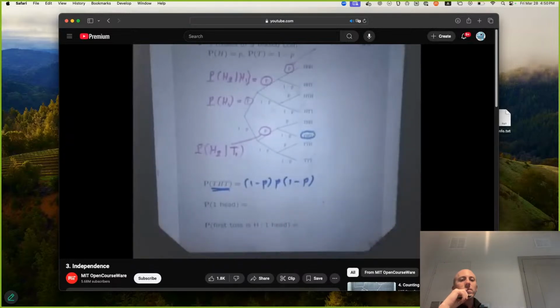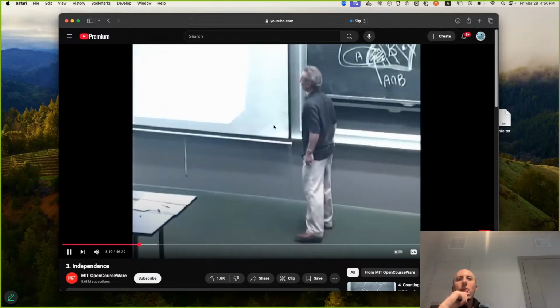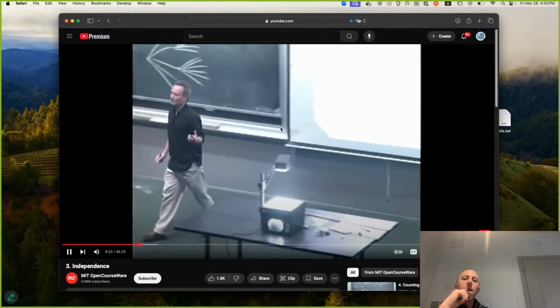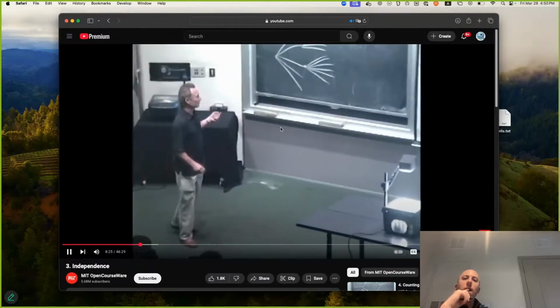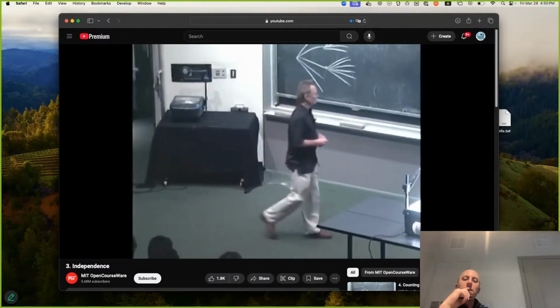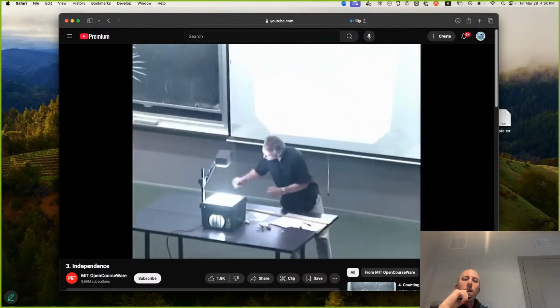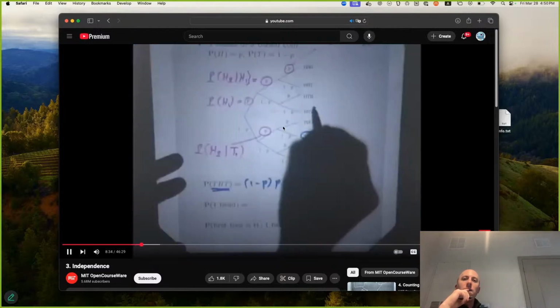The second question is, how do we find the probability of a mildly complicated event? The event of interest here is the probability that in the three tosses we had a total of exactly one head. This is an event that can happen in multiple ways.